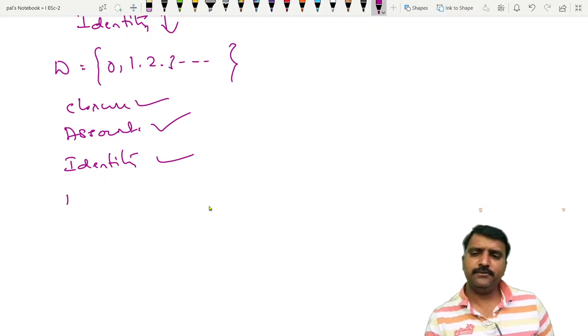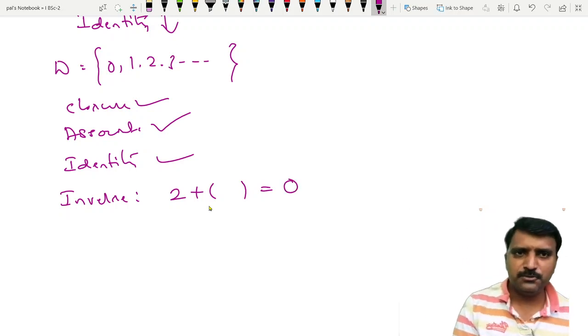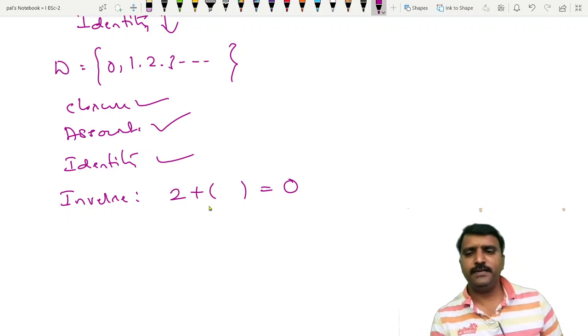And you take inverse property. So 2 is a whole number. ಆ 2ಗೆ ಇನ್ನೊಂದು whole number ನ ಆಡ್ ಮಾಡಿದ್ರೆ ನಮಗೆ ಐಡೆಂಟಿಟಿ ಎಲಿಮೆಂಟ್ ಬರಬೇಕು. ಐಡೆಂಟಿಟಿ ಎಲಿಮೆಂಟ್ ಯಾವ್ದಿಲ್ಲಿ? ಐಡೆಂಟಿಟಿ ಎಲಿಮೆಂಟ್ ಇಸ್ 0. ಸೊ 2ಗೆ ಯಾವ ಹೋಲ್ ನಂಬರ್ನ ಆಡ್ ಮಾಡಿದ್ರೆ 0 ಬರುತ್ತೆ. ಸೊ ನೀವು ಯಾವ ಹೋಲ್ ನಂಬರ್ನ ಆಡ್ ಮಾಡಿದ್ರು 2ಗೆ 0 ಬರಲ್ಲ, ಯಾಕೆಂದ್ರೆ 2ಗೆ 0 ಬರಬೇಕು ಅಂದ್ರೆ we have to add with -2.